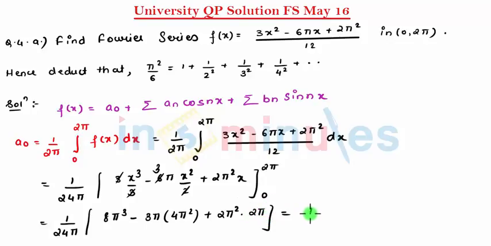So 1 divided by 24 pi, and then this comes to be 8 pi cube, minus 12 pi cube, plus 4 pi cube. So 8 plus 4 is 12, 12 minus 12 is 0. So I got a0 as 0.